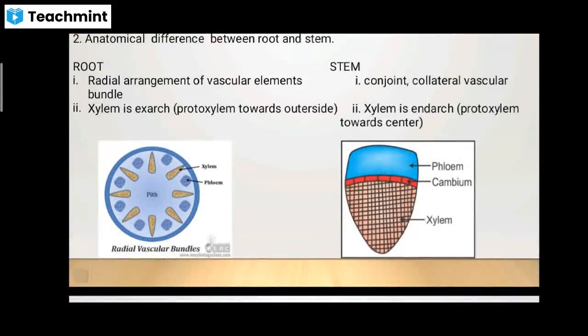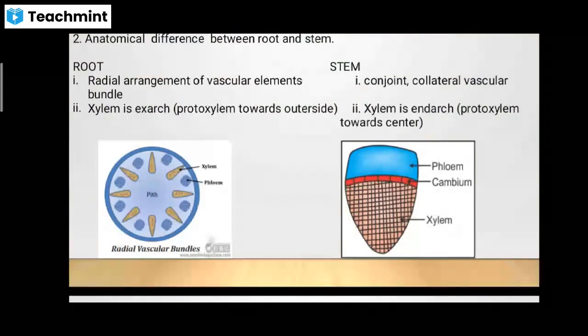In the root there is a radial arrangement of vascular bundles. You see here the radial vascular bundles in that picture. The xylem and phloem are arranged on different radii.